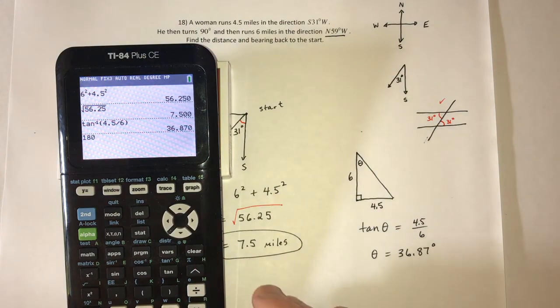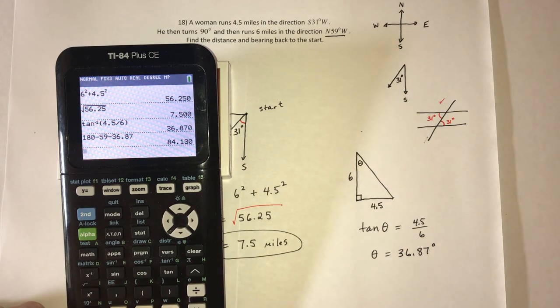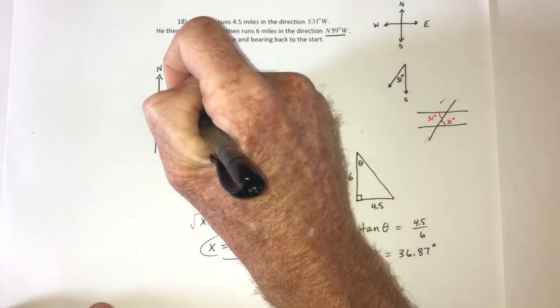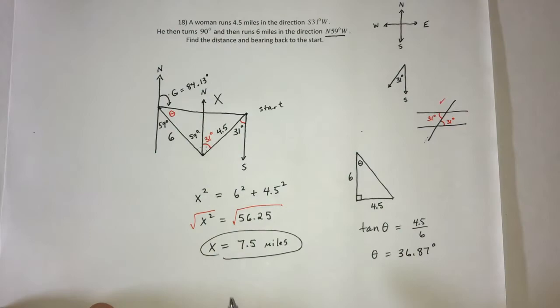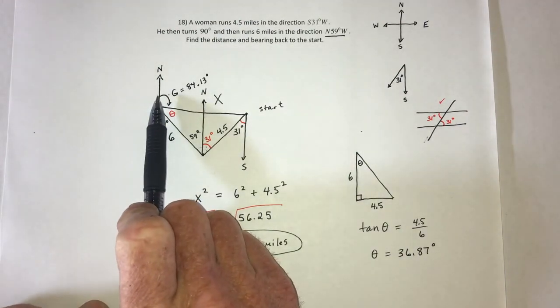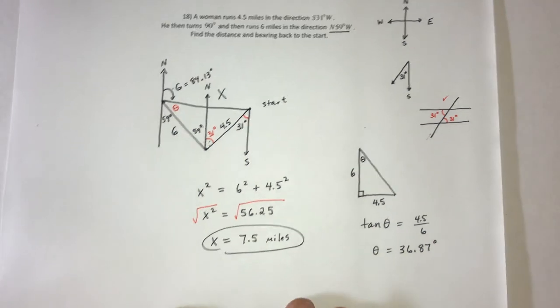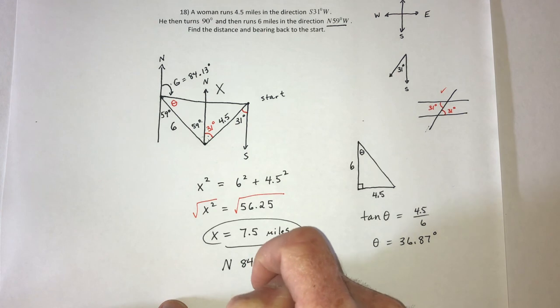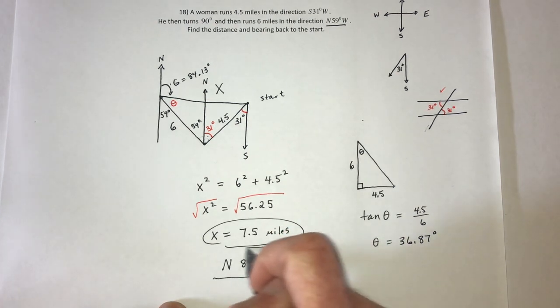So 180 minus 59 and also minus 36.87 is 84.13. Okay, so from the north, the person should be going towards the east. So the last part is from the north, go 84.13 degrees towards the east, and then that is the bearing.